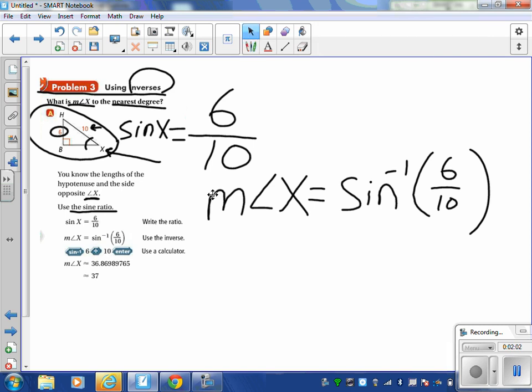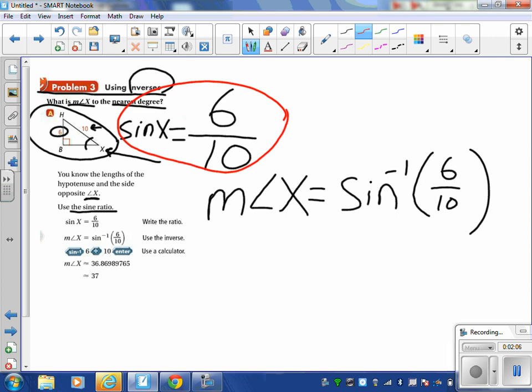So we started with this formula, but since we needed to find out what the angle was, we needed to use the inverse property, which led us to the measure of angle x is sine to the negative first power times 6 over 10.